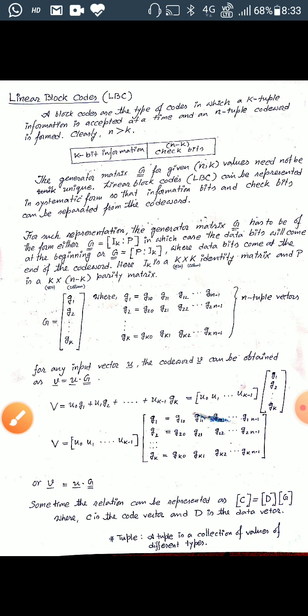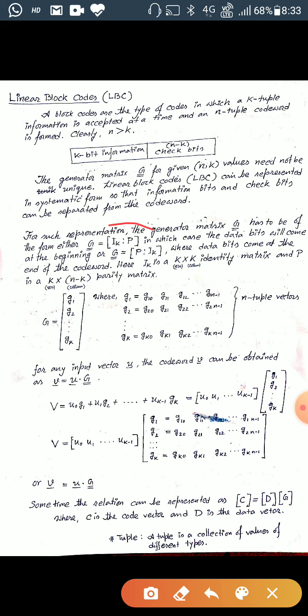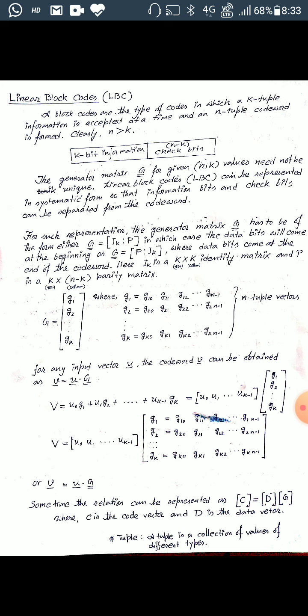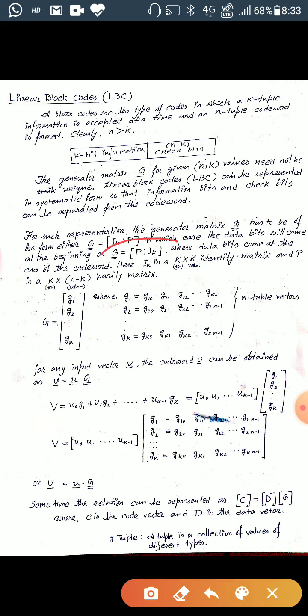For this formation, the message bits are written down first. If you write it in the form G equals [P Ik], then the message part comes after the redundancy matrix.